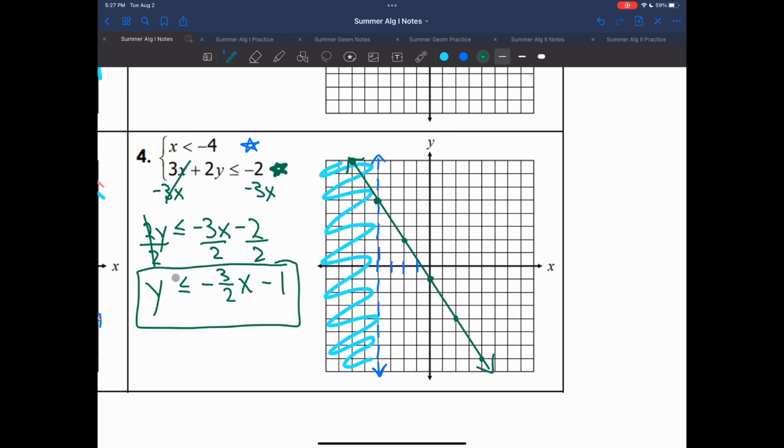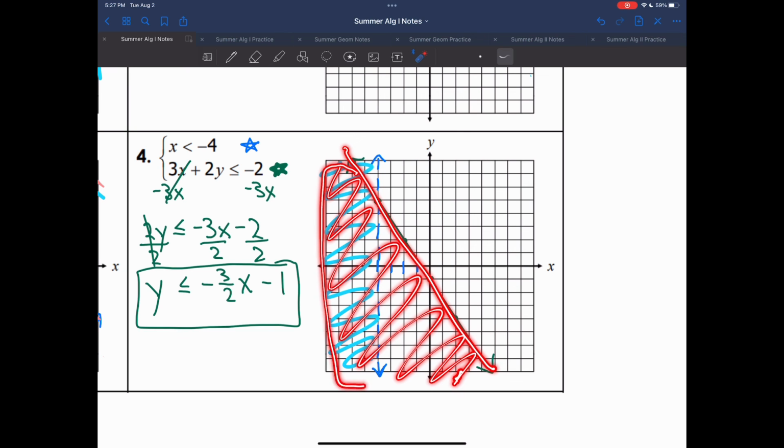Okay, so it is y is less than or equal to our line. If we take a look at it, less than means underneath the line, which if you think of it as underneath a staircase, that would be all of this. So you can clearly tell where the overlapping part is going to happen, right? It's where that meets the blue over here.